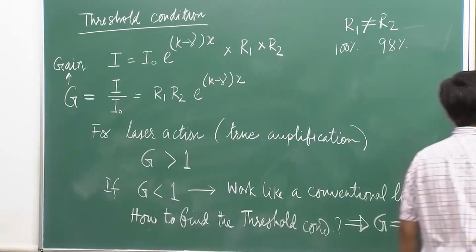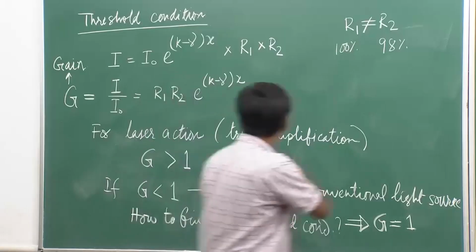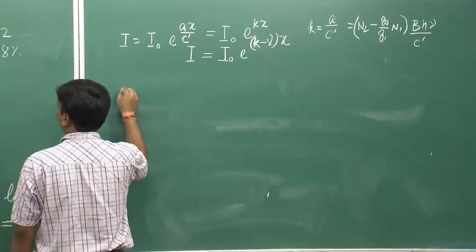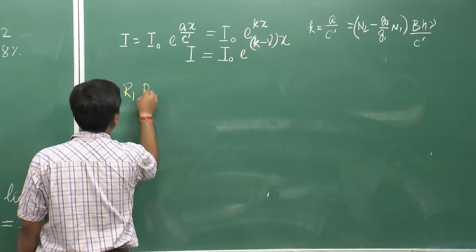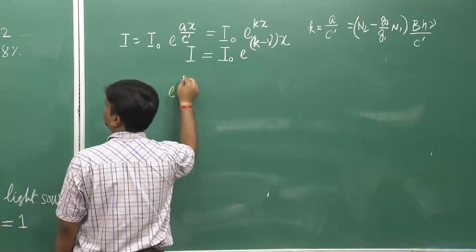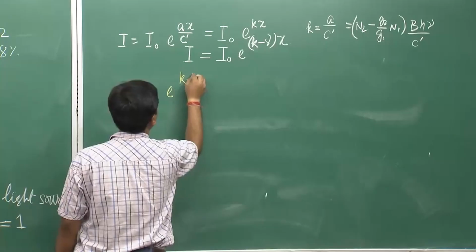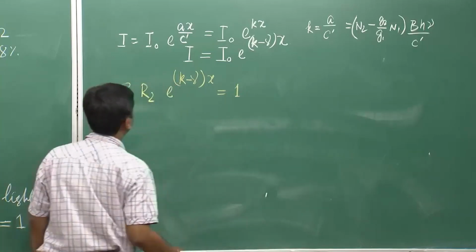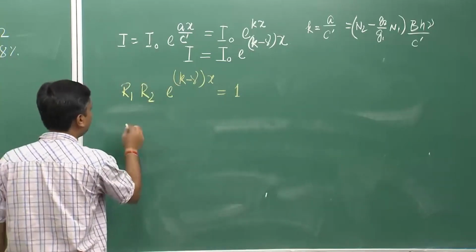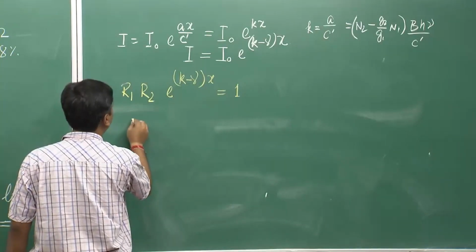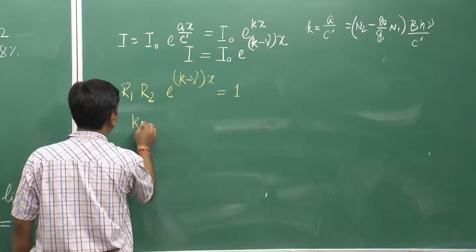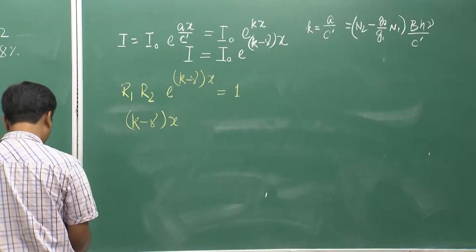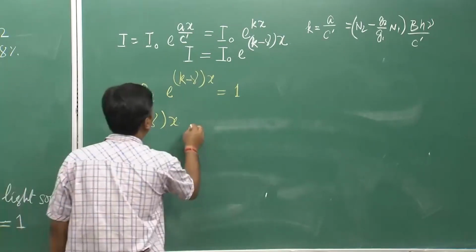So, I will keep this part. I am equating G to unity. What I can write is R1 R2 multiplied by this exponential term equals 1.